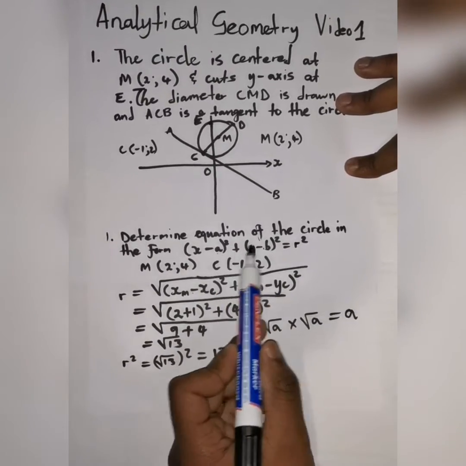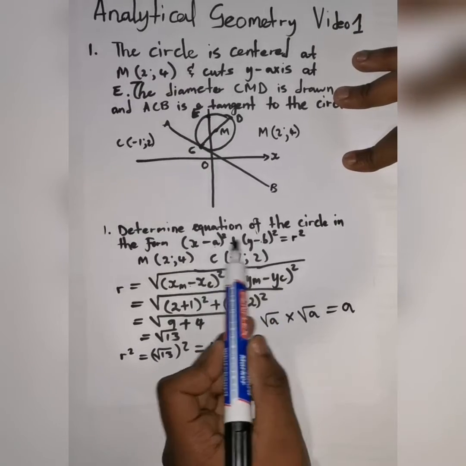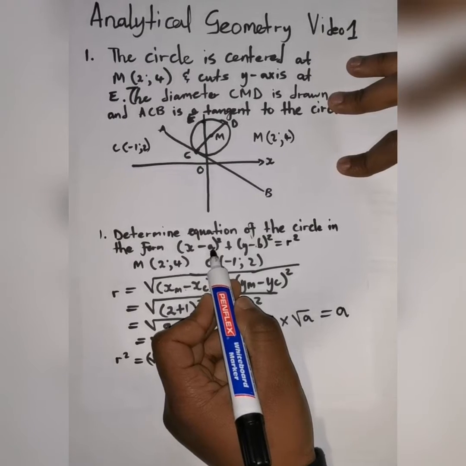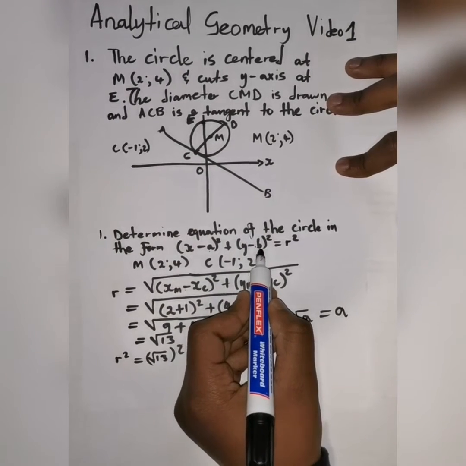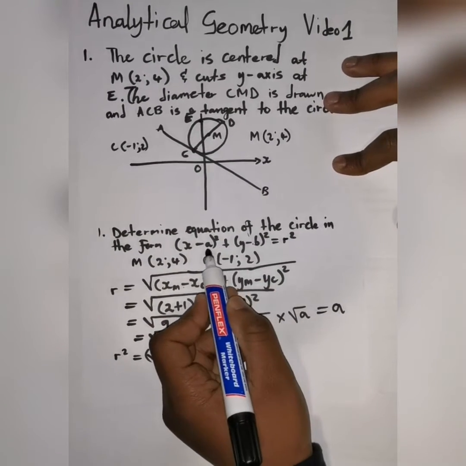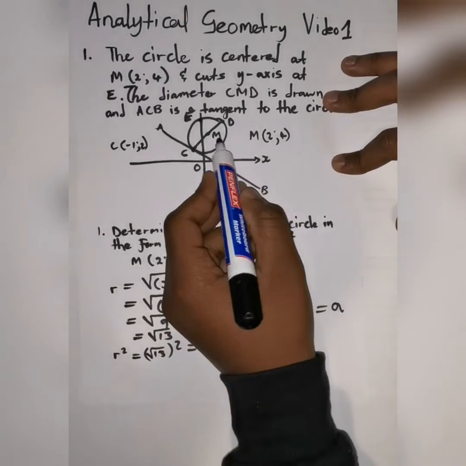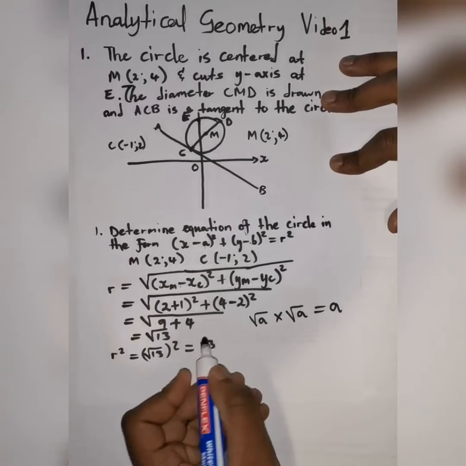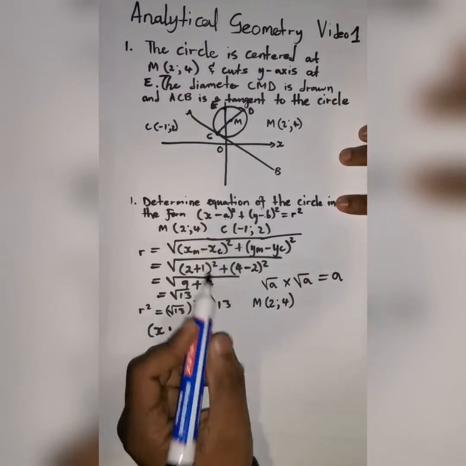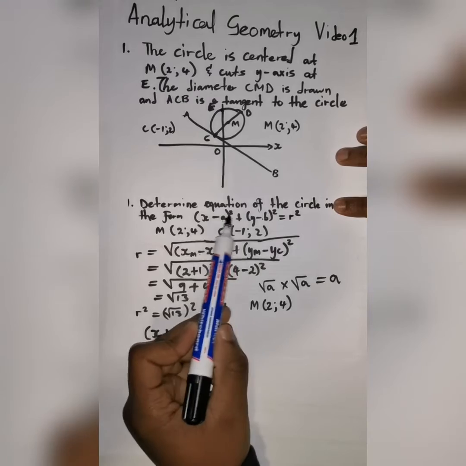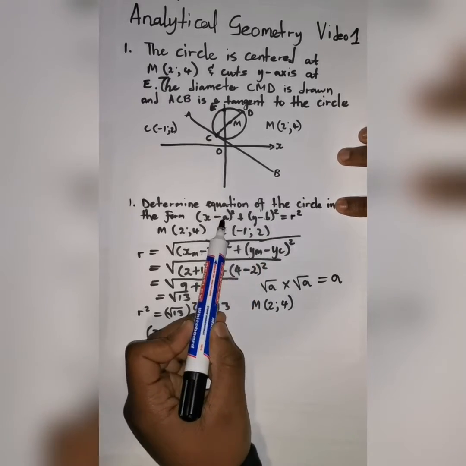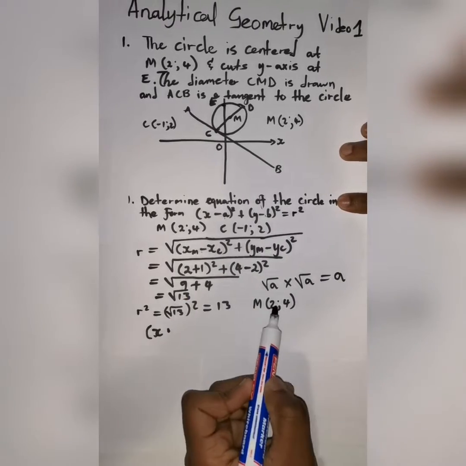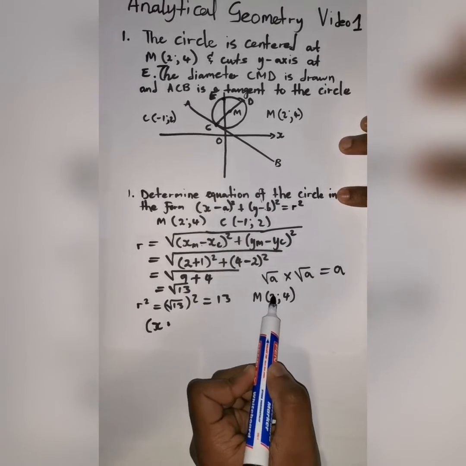A and B are the center points, the x center point and the y center point. So our equation will be as follows. As I've said, A and B is the center of the circle, which is M, so it's 2 and 4.